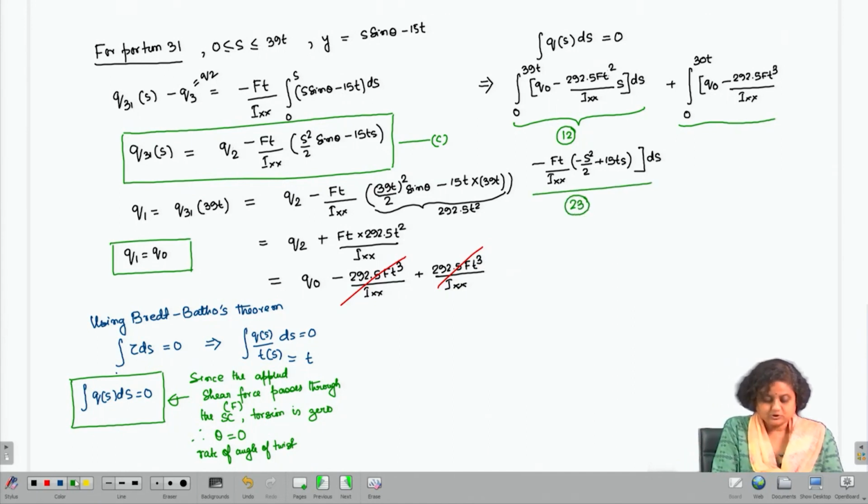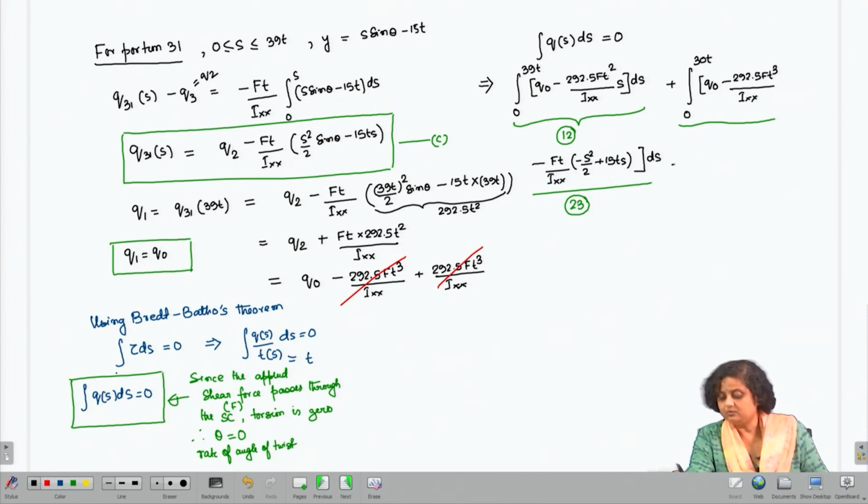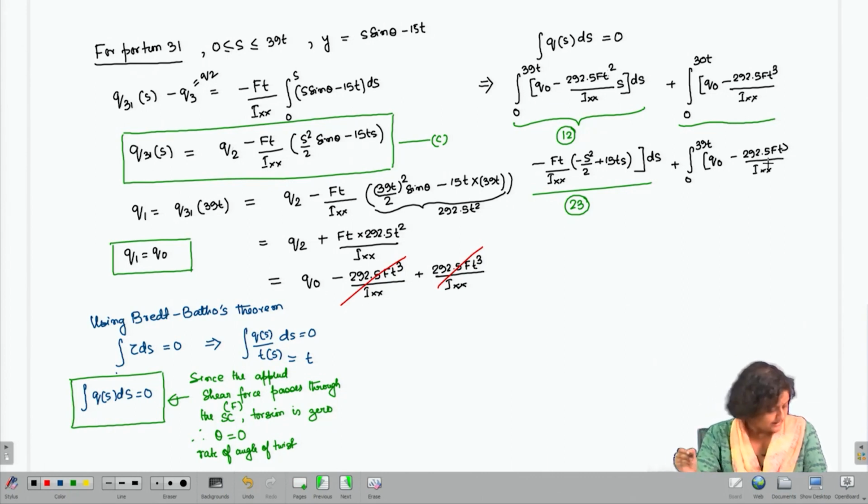Now, for portion 3, 1, we have the integral from 0 to 39 T of Q 2, which is going to be Q 0 minus, and then we are going to have the remaining term.